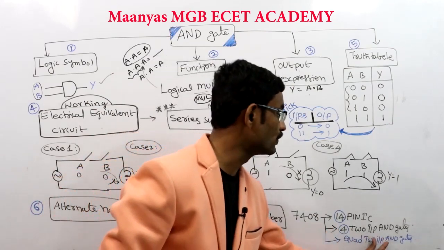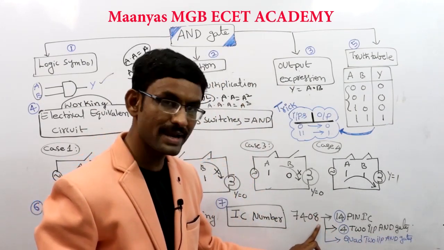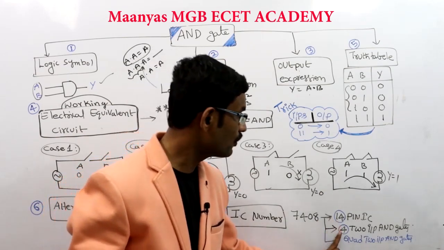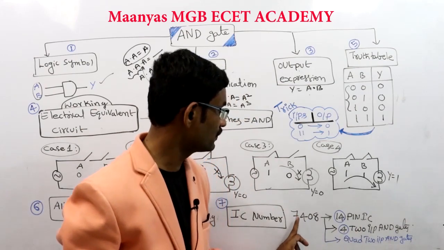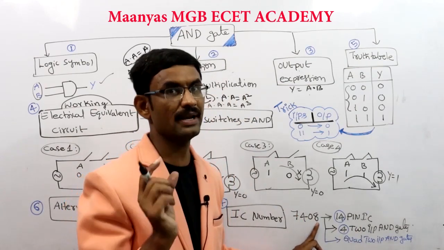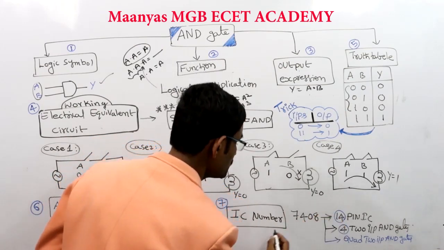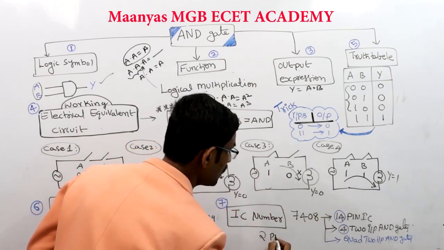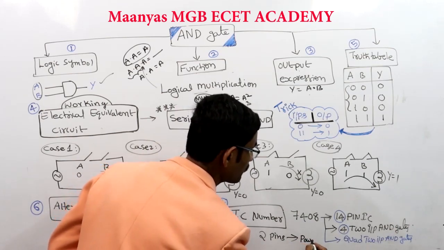Quad 2 input means the IC 7408 contains 4 two-input AND gates. Actually 7408 is a 14 pin IC. Totally 14 pins are there. Out of these 14 pins, 2 pins are reserved for power supply.